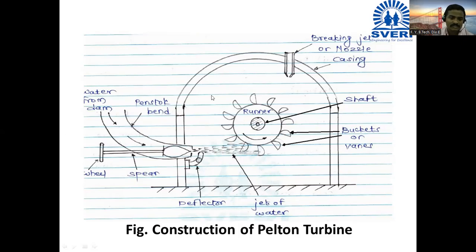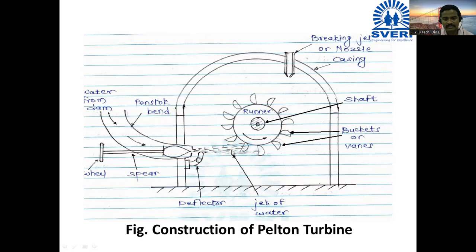So how this Pelton turbine works, that we'll discuss now. Water stored in the dam possesses potential energy. When it flows through the penstock, it converts potential energy to kinetic energy. When that water moves through the penstock and passes through the nozzle, the pressure and kinetic energy of that water increase, and that forms one jet of water.